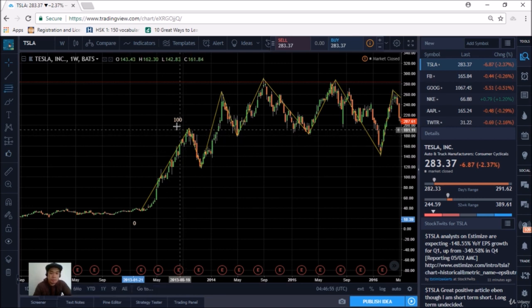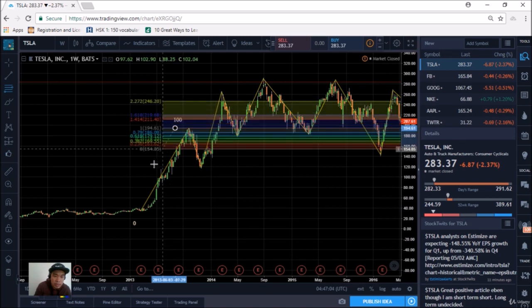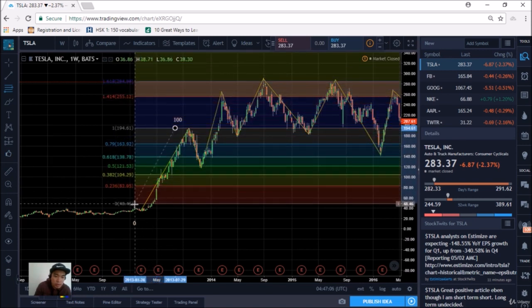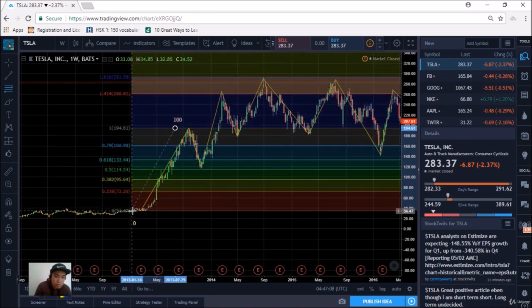For this Fibonacci tool, you just plot here. What I mean by 100 is that it always indicates 1 in Fibonacci analysis, and 0 as 0.